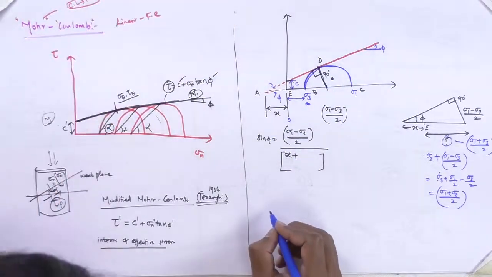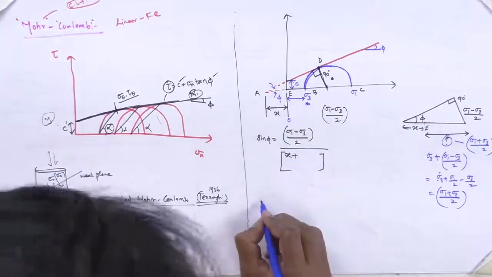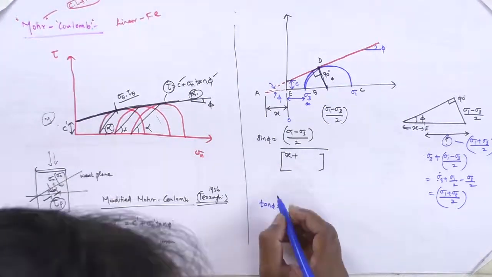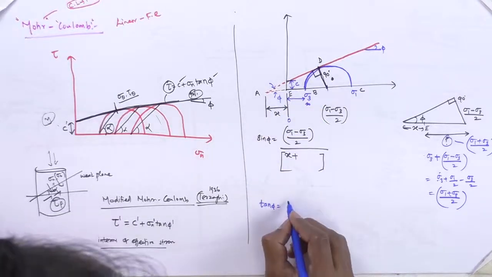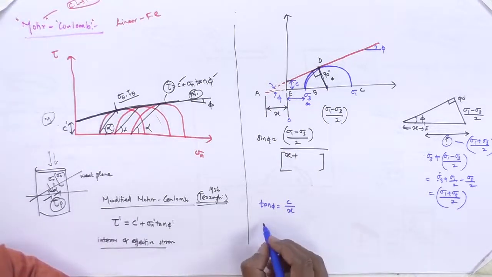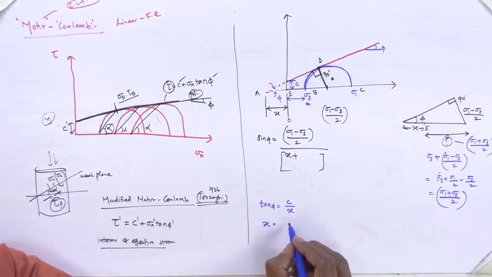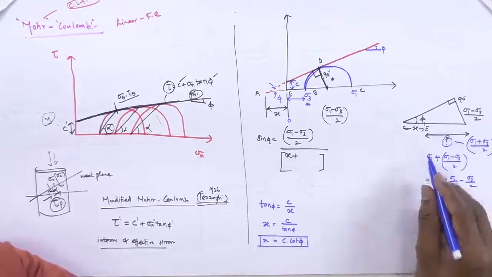Let us consider tan phi. Tan phi is opposite by adjacent. So opposite is C, the adjacent is x. So x equals C divided by tan phi, that is C times cot phi.